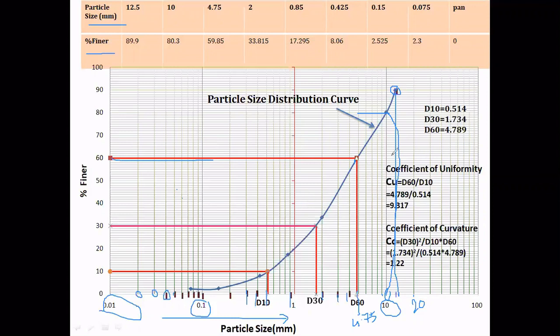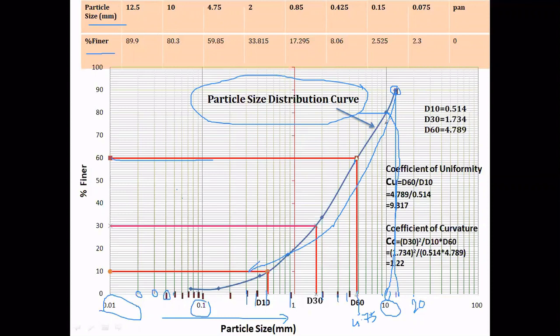Okay. Likewise, you have to draw all the points considering particle size and percentage finer. All the points are then joined with a smooth curve, and this curve is known as the particle size distribution curve. Okay.